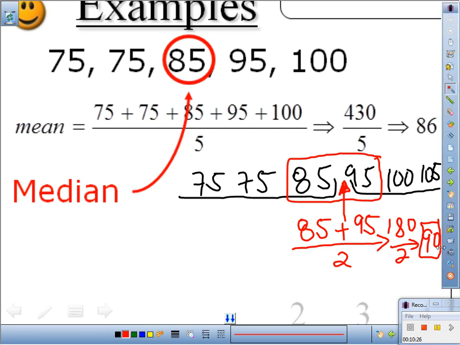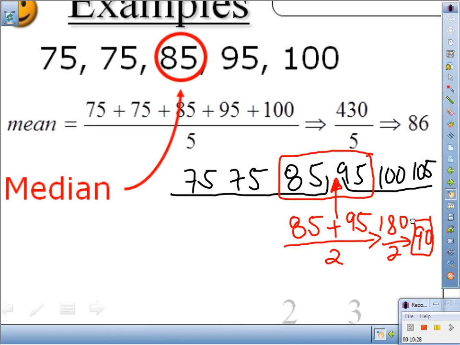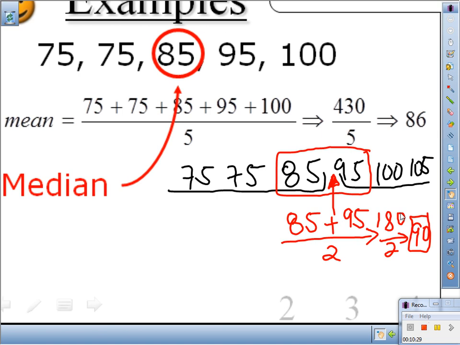Copy that, please. So I'm giving you an example of if you do have a number as a median, straight just by looking at your data, or if you don't have a number, you just take the two closest to the middle and add and divide by 2. Pretty simple.